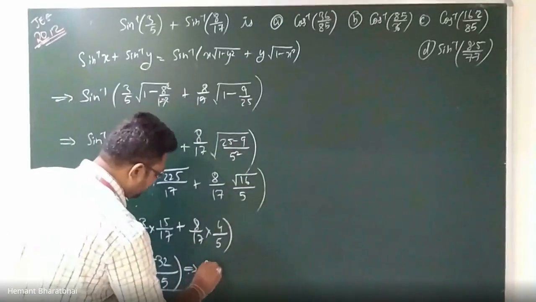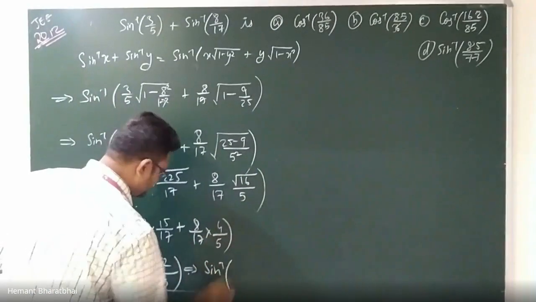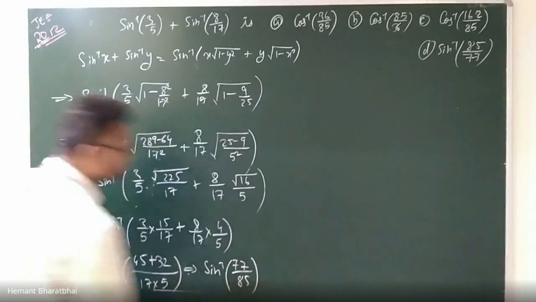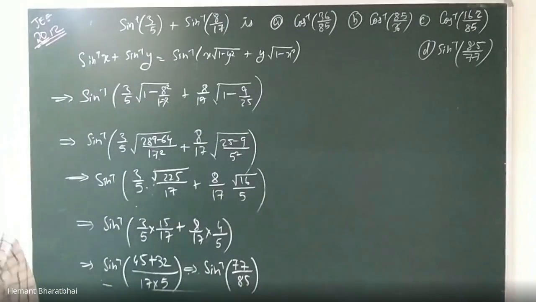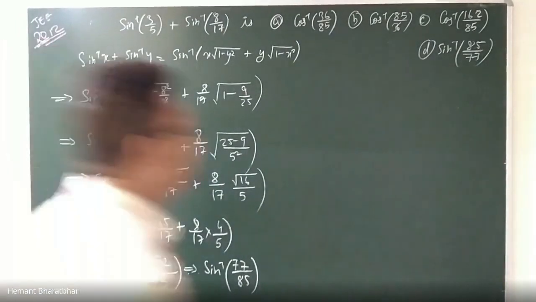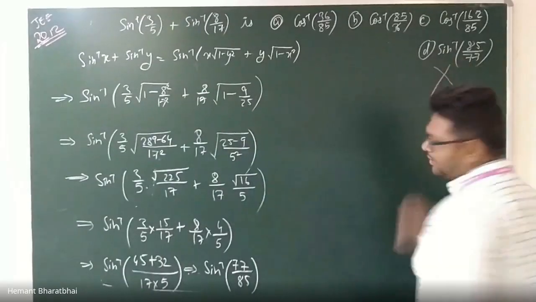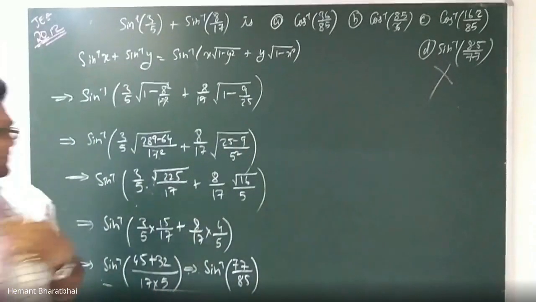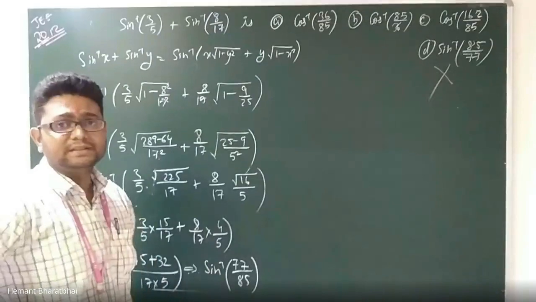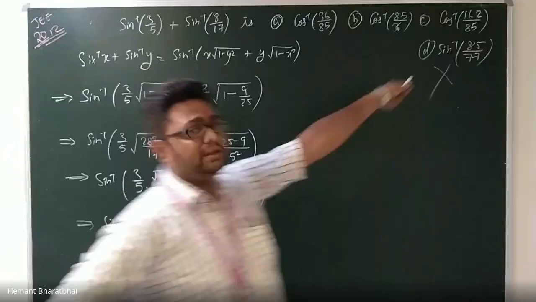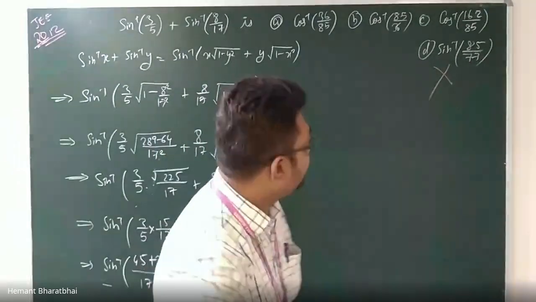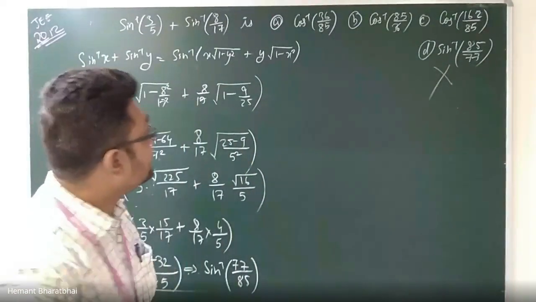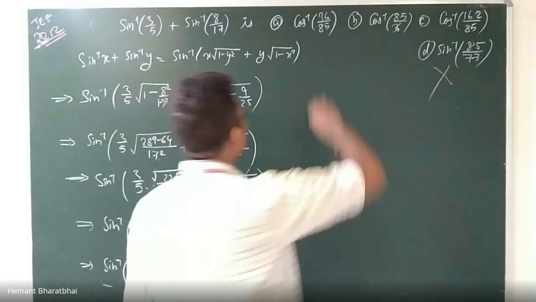So this will be my sine inverse of 77 by 85. But if we see the options, we have 85 by 77. So obviously this is not the option, because after solving we are getting 77 by 85, and here we are having 85 by 77.